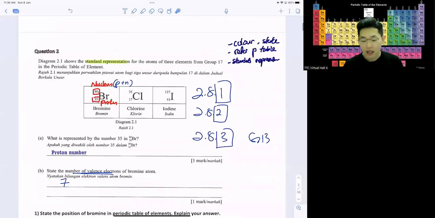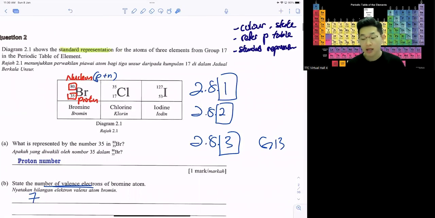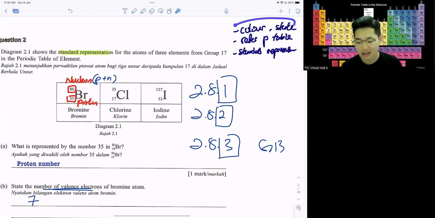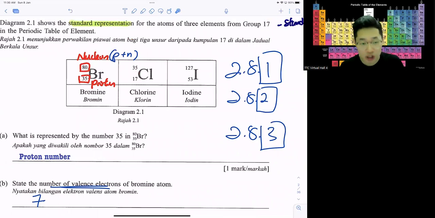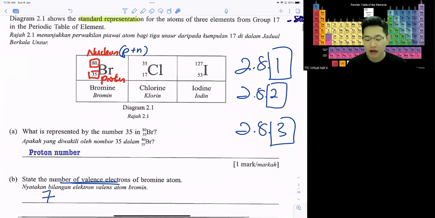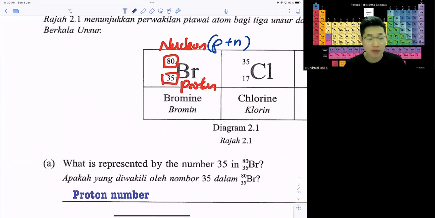Okay, before I go through the next question, okay, the tip says color and physical state is important. Okay, so what's the color for these 3 halogens? Okay, so you have to know the correct sequence now, okay, in the periodic table.